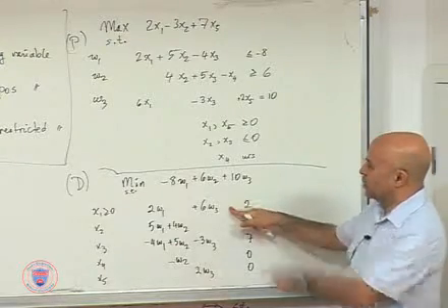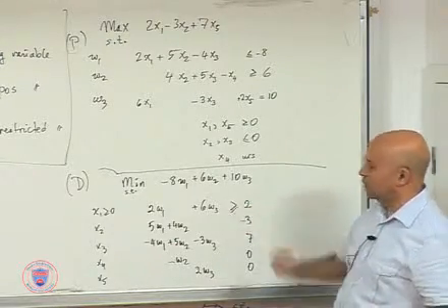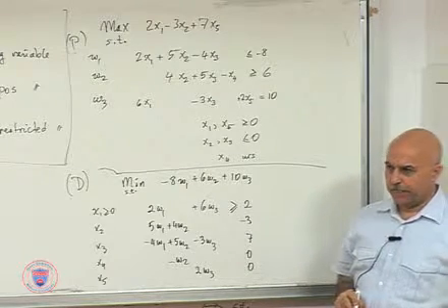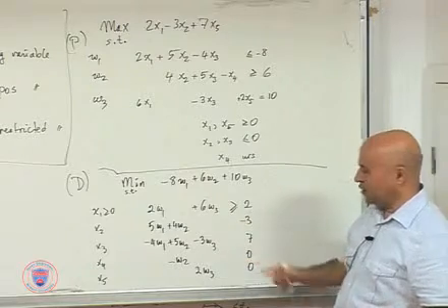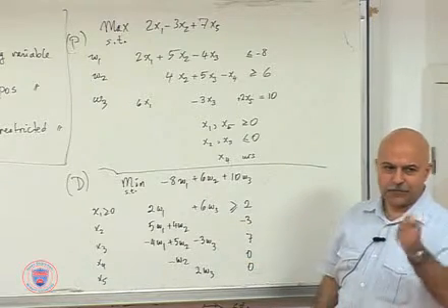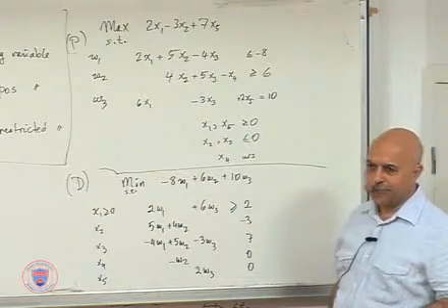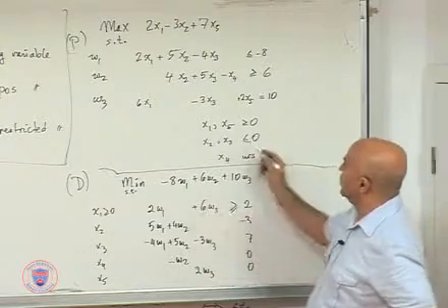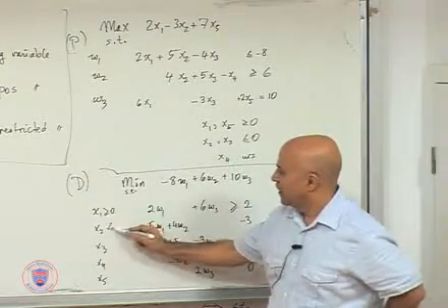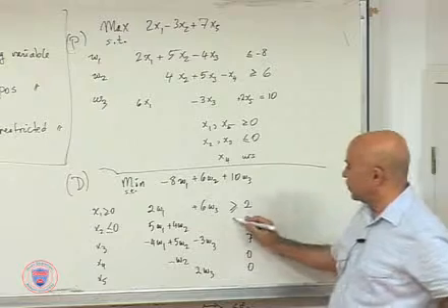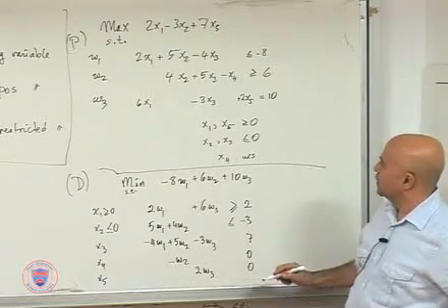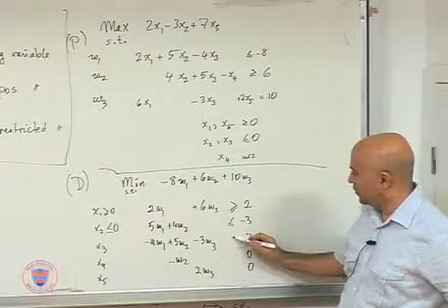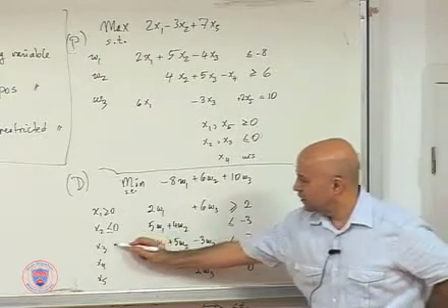This is a minimization, so the canonical form is greater than or equal type. The senses of the inequalities are filled out later. x2 is non-positive, which means I reverse this inequality. x3 is non-positive, so you reverse it.